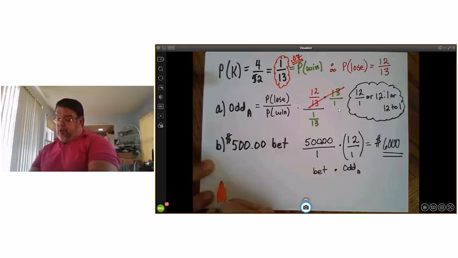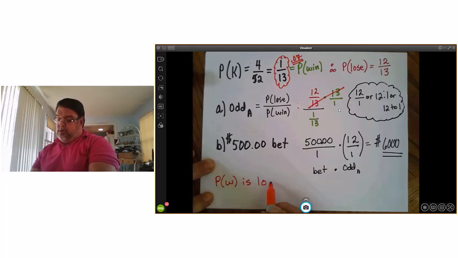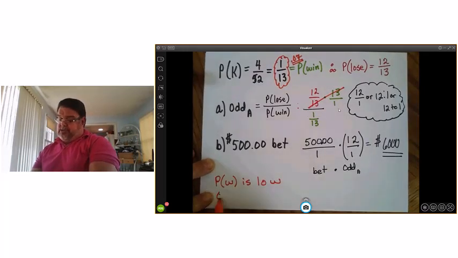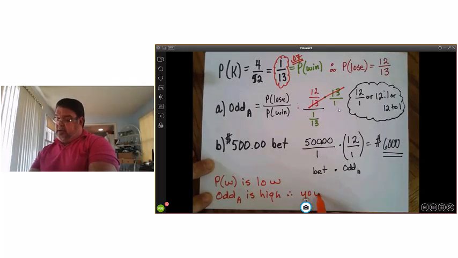So if your probability of winning is low, the odds against will be high. Therefore, you win big.